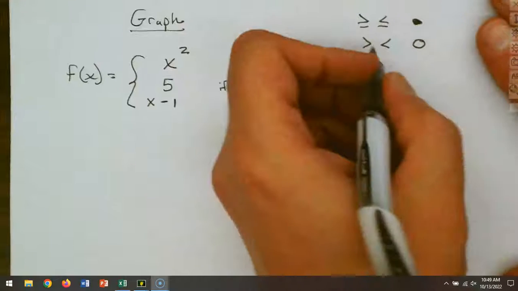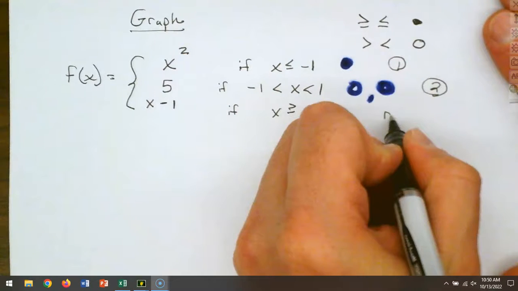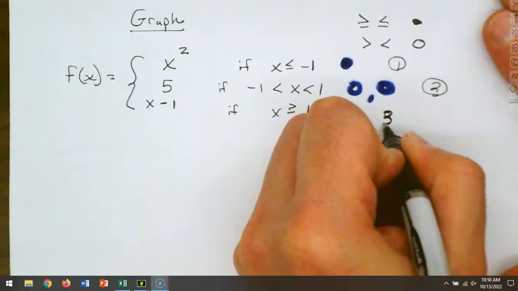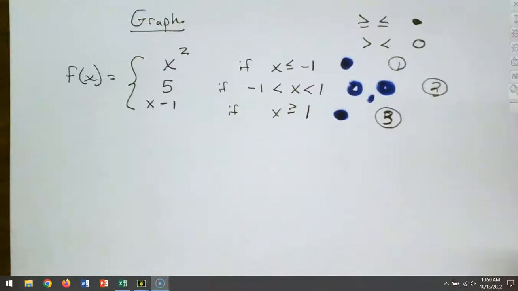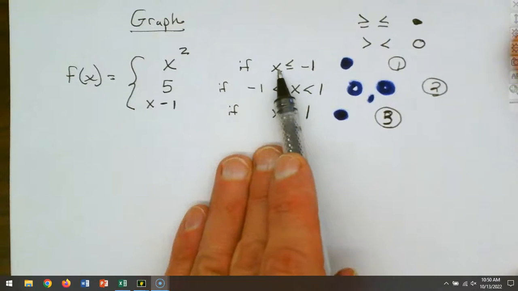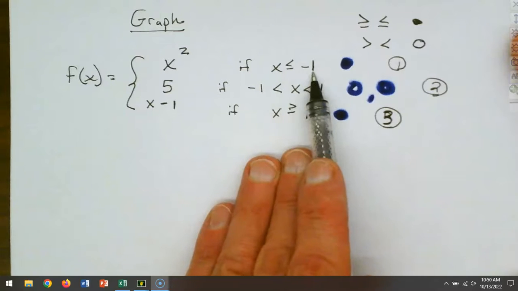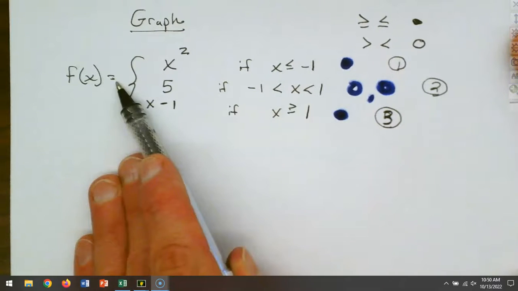And this is row 1, row 2, and row 3. Again, be very careful with the inequalities and which way they point. So this one, row 1, is going to be for what? Numbers that are less than or equal to -1, because it's going that way.